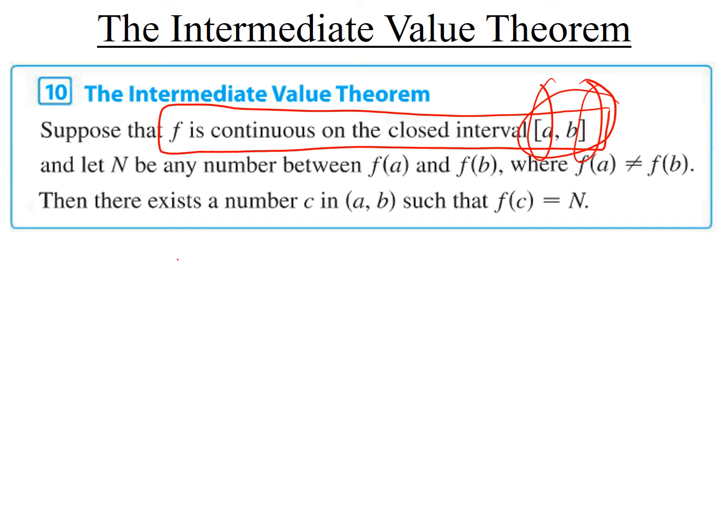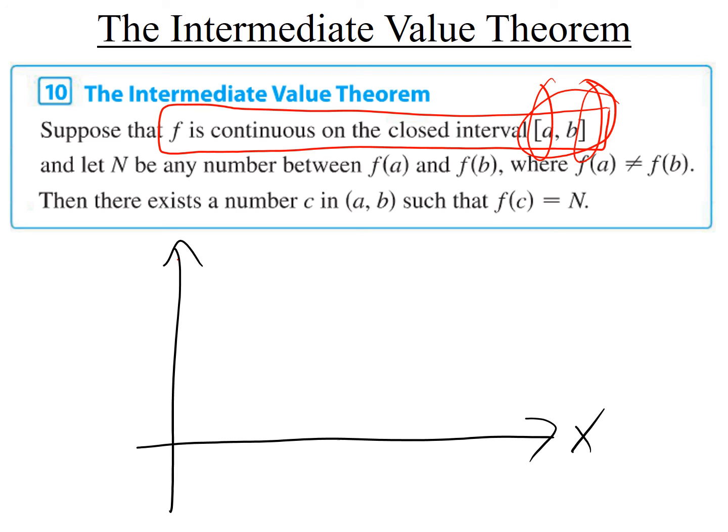No holes, no asymptotes, nothing. So here's an example. The graph starts at a, ends at b. Let's make it red. This is the point on the graph when x equals a. Let's say this is the point on the graph where x equals b. It could be higher or lower. Let me just put it like that for now.